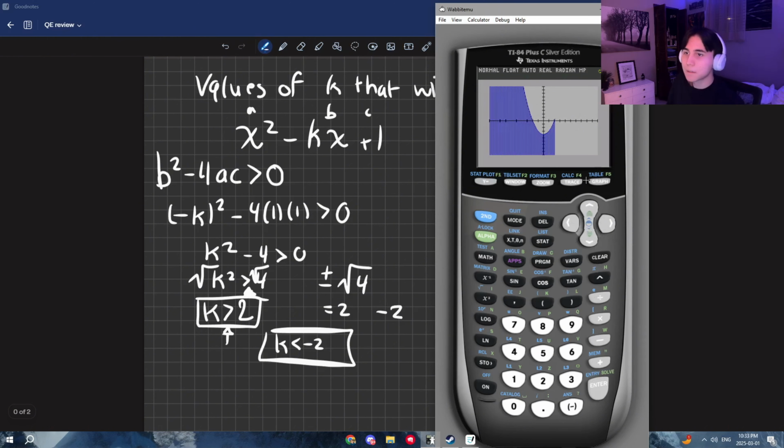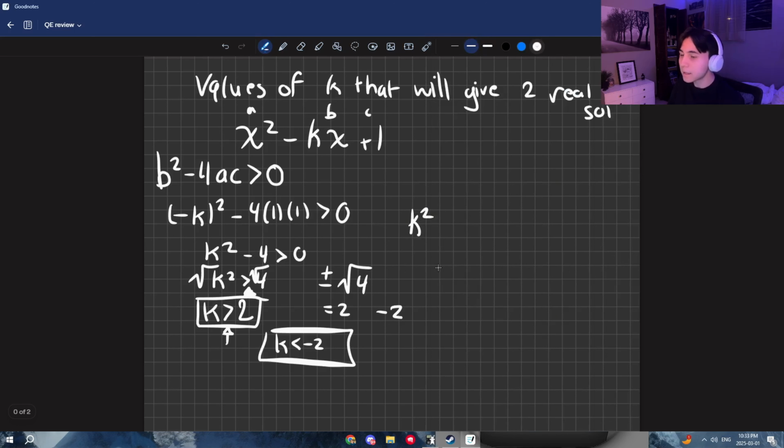So basically, the shaded region where the inequality is true is where x is less than negative 2 and k is greater than 2. Since it's a quadratic technically, since we have a k squared and not just a single k, it actually has 2 inequality solutions. So this will be one of them and this will be the other.